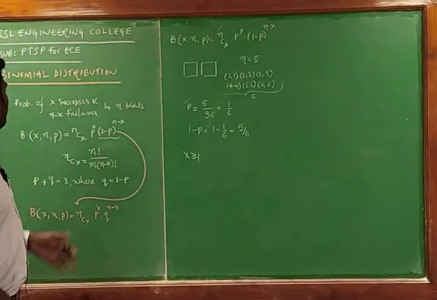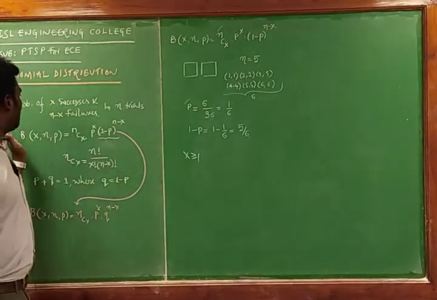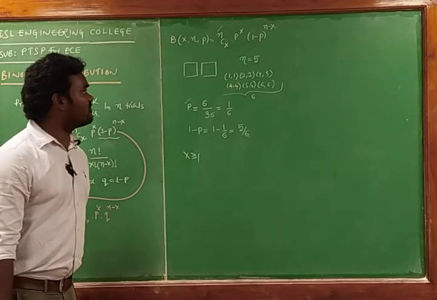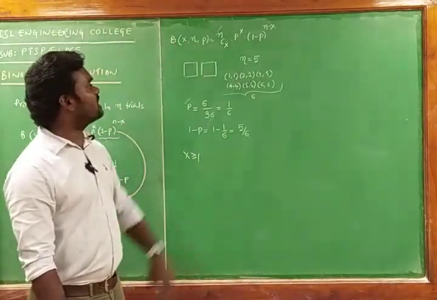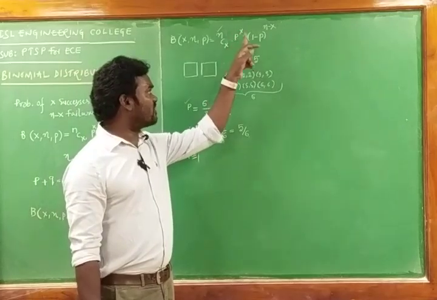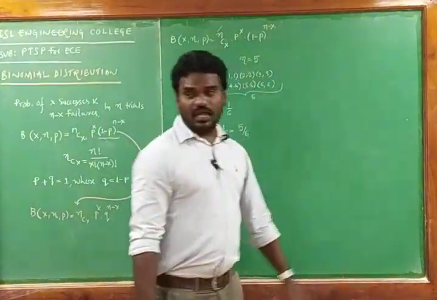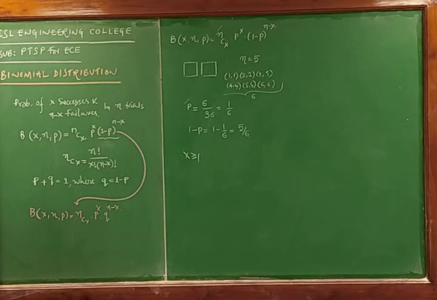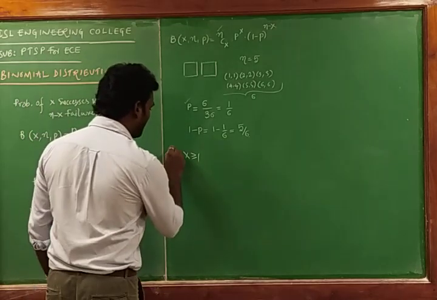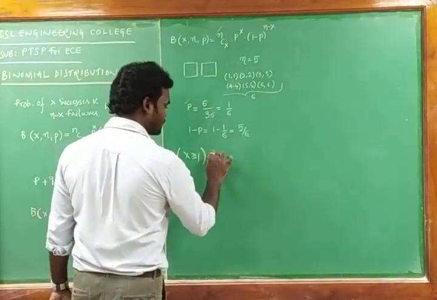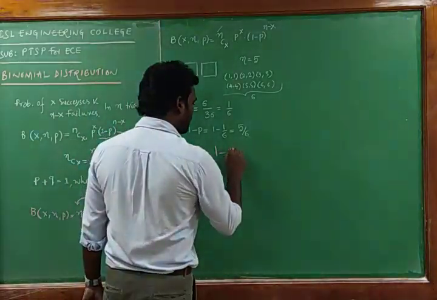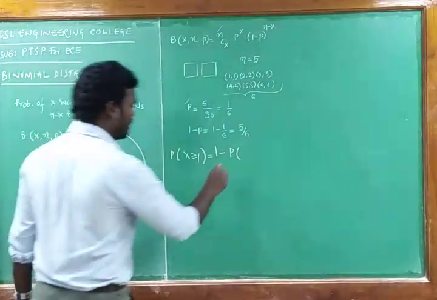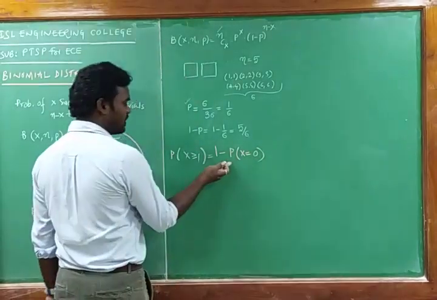The binomial distribution, the probability of X successes and N minus X failures in N trials, is given by the formula b of X, N, P equals NCX times P to the power of X times 1 minus P to the power of N minus X. Now, knowing the value of X, we can go with the equation: probability of X greater than or equal to 1 is equal to 1 minus the probability of X equal to 0, so that we can have the probability of X equal to 0 here.